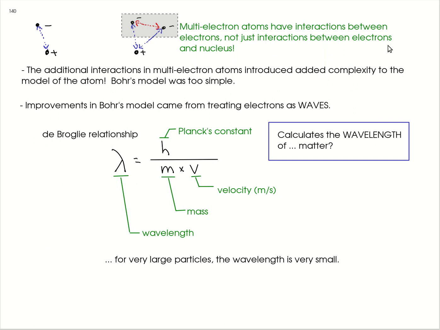So one of the things that was discovered about electrons is that electrons are, of course, particles with known masses, but electrons exhibited diffraction just like waves do, light waves, water waves, and so forth. So what they tried to sort out was, okay, how can we account for the fact that electrons diffract?